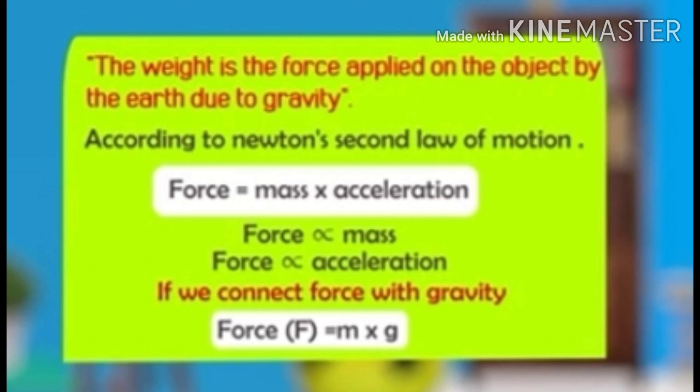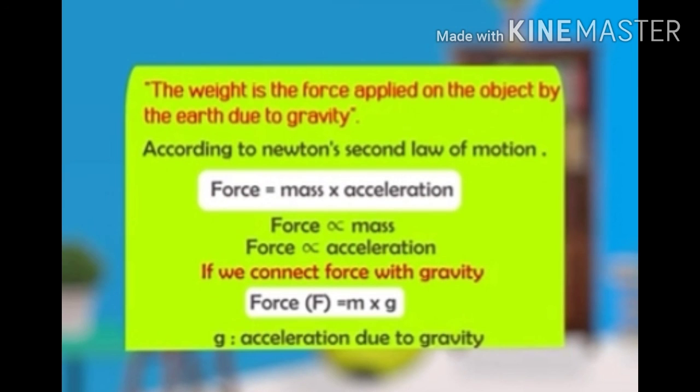And we know that force is equal to mass into acceleration. Now suppose we write this in terms of acceleration due to gravity. Our force F is equal to mass into g, where acceleration is represented with small letter g, and g is the acceleration due to gravity.